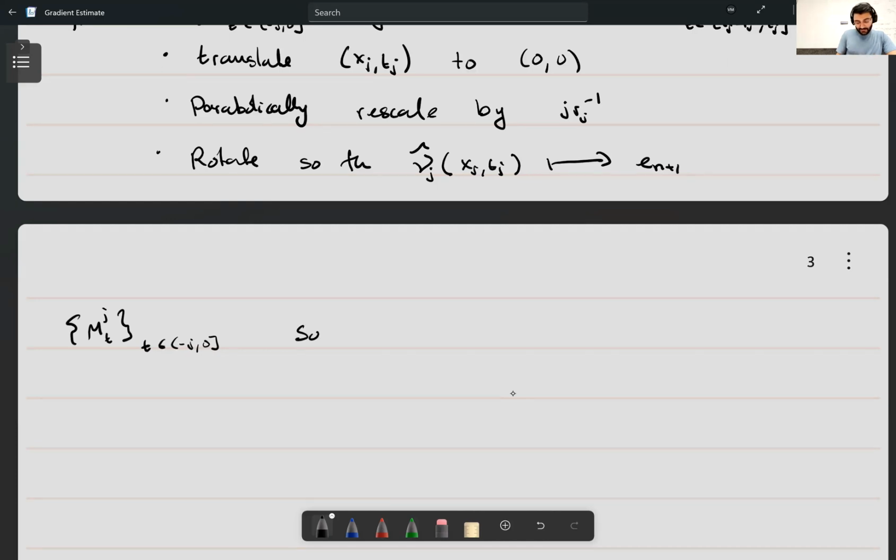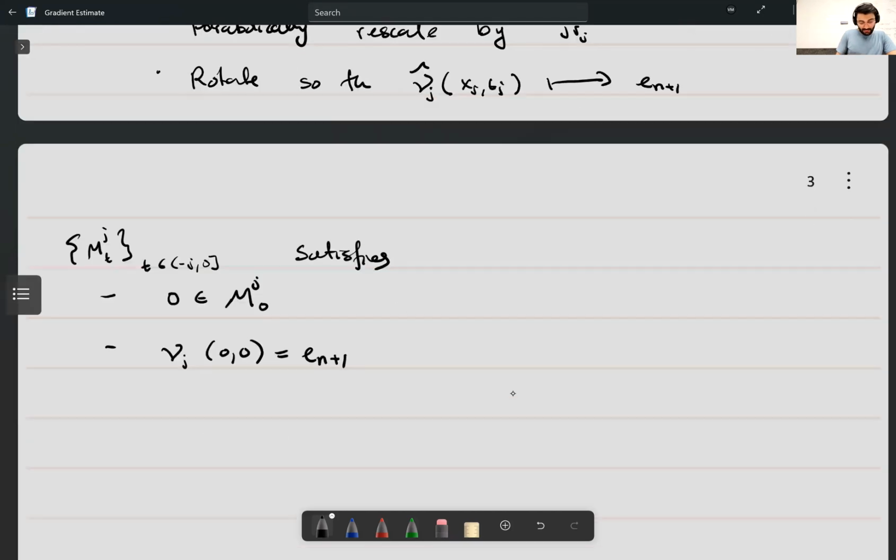And this satisfies... So remember, I translated xj, tj to the space-time origin. So I know that the spatial origin is contained in MJ0. The normal vector of this thing at 0, 0 is e_{n+1}.